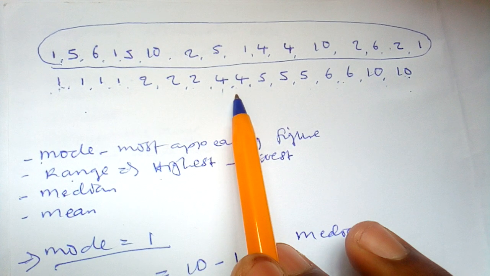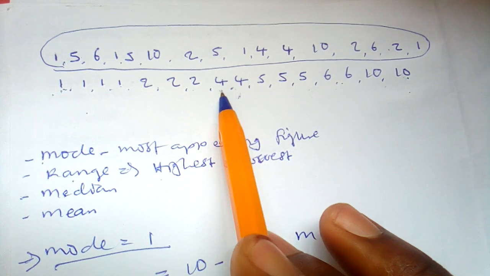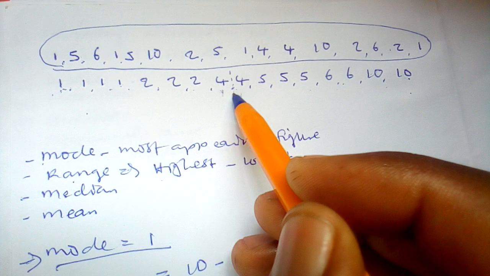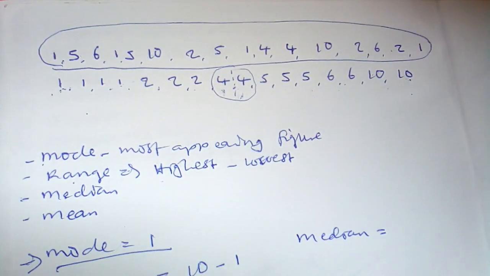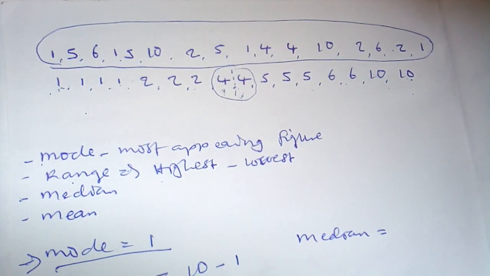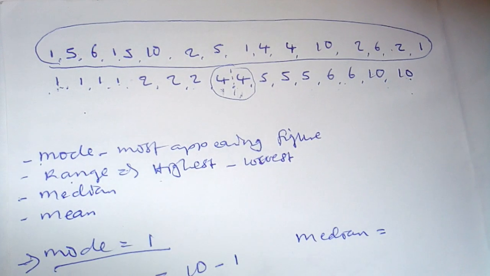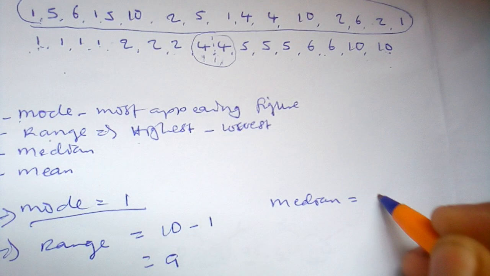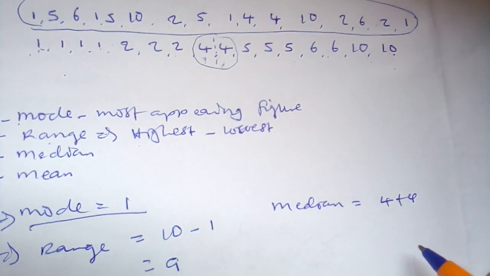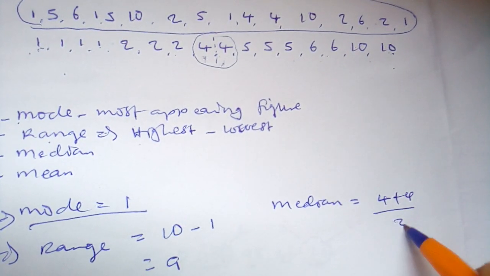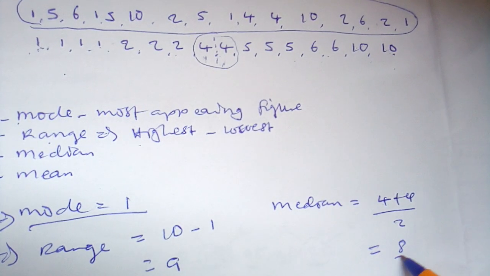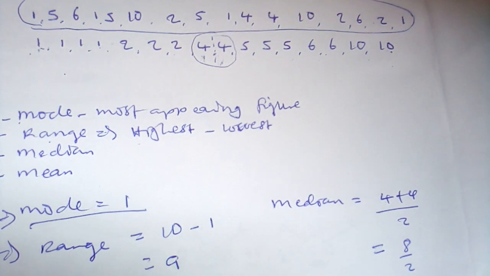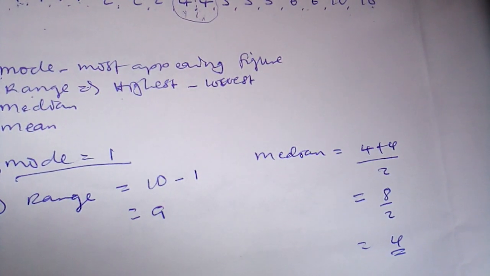We are here. So the middle number that you are looking for is between these two numbers. So what we do is add the two numbers, then divide by 2. This is 8 divided by 2, you get 4. So this is our median.